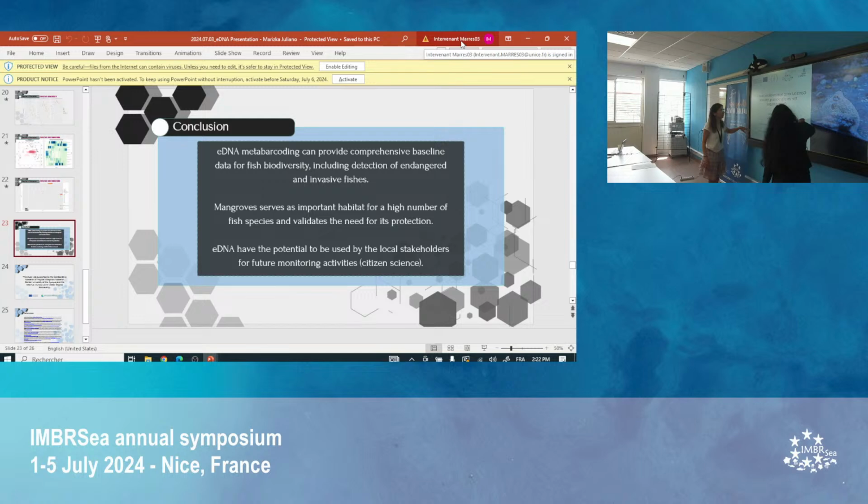And when you conclude it, what do you hope will be done with the data that you are producing? So first, since the main goal is identifying the fish species, is to confirm that what we annotated is really the correct annotation.